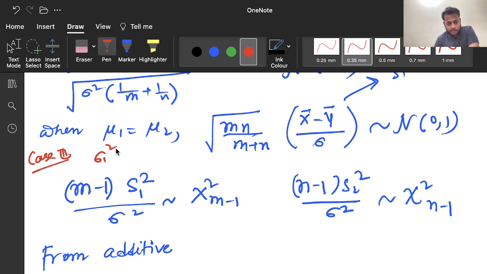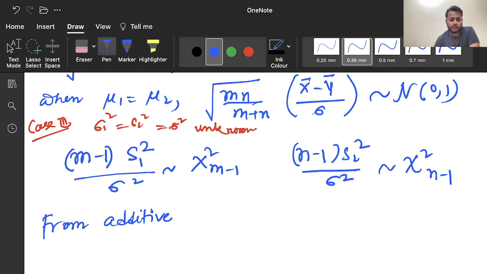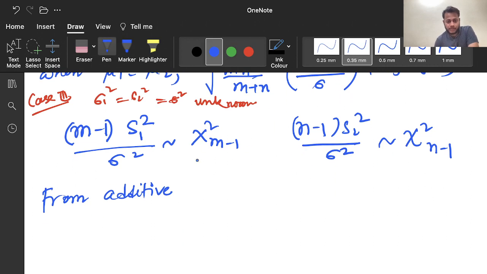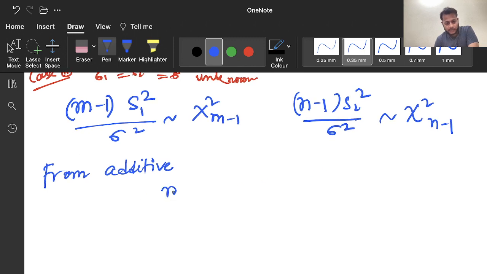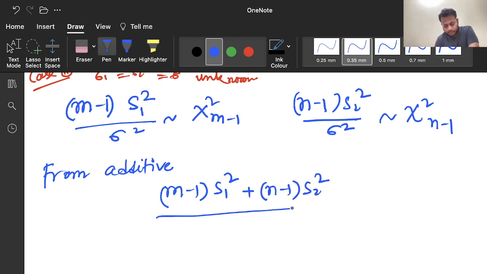Now this is the case when sigma 1 square equal to sigma 2 square equal to sigma square is unknown. Then we will follow the following method. From the additive property of the chi-square, we know that m minus 1 s1 square plus n minus 1 s2 square by sigma square will follow chi-square m plus n minus 2.